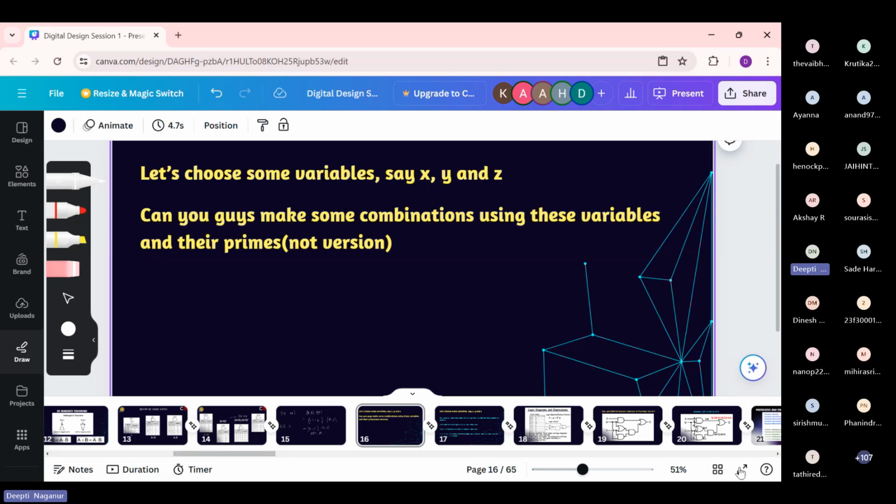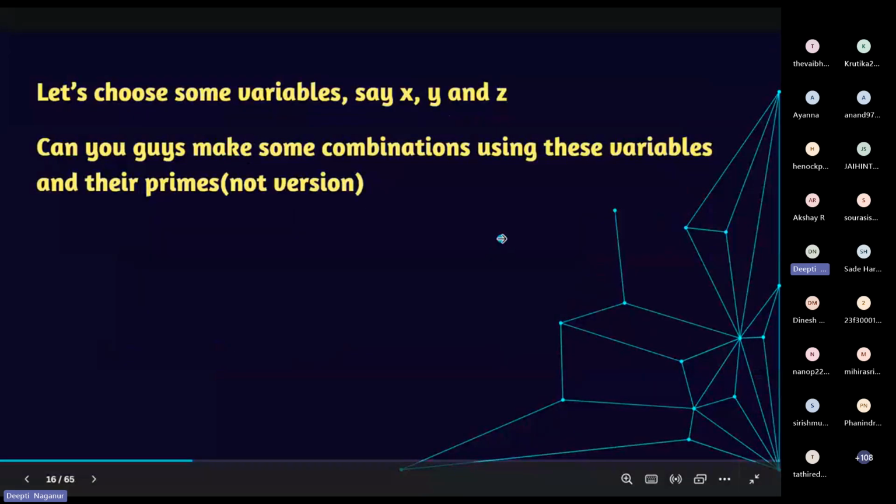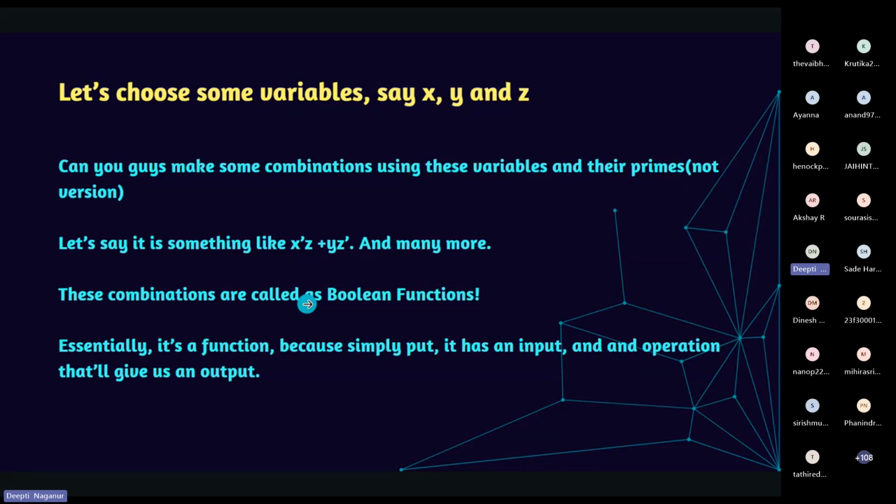So let me take a very simple combination, let's say it is something like x prime z plus y z prime. And again, there are many more as you guys sent me. Now these combinations are called Boolean functions. Whatever you see in the Q&A section, they are all called Boolean functions. Why a function?